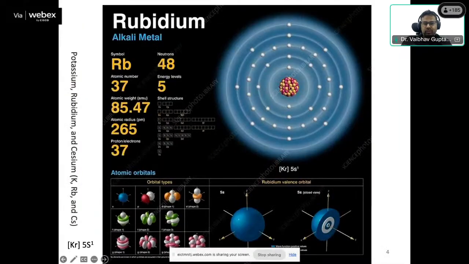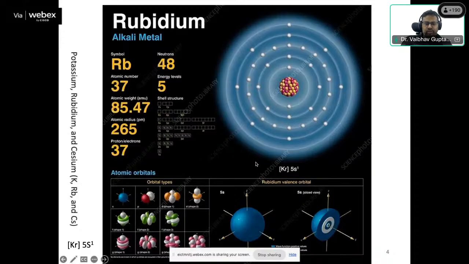For rubidium, you have a nucleus, and when we say alkali atom, that means there is only one unpaired electron in the outermost shell. You can see rubidium's atomic number, and according to that, you can start writing the shell structure, 1s2, 2s2, 2p6, and so on, and you will end up with 5s1. So there is only one electron in the outer shell.